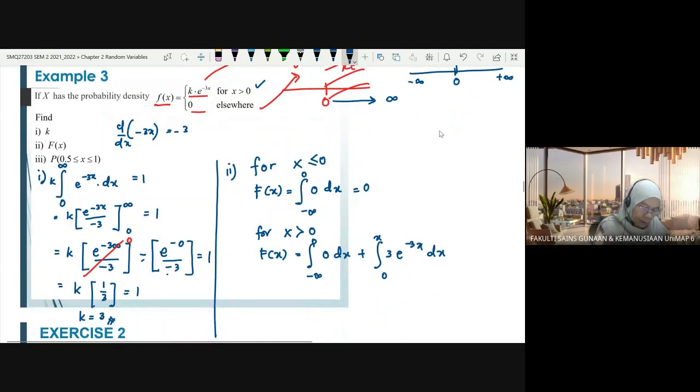Now, from negative infinity to 0, and 0 to x.